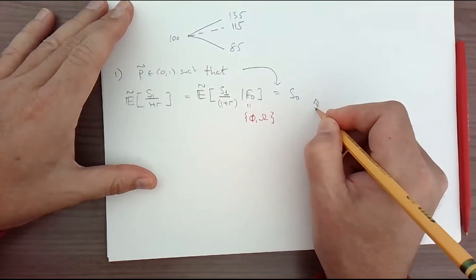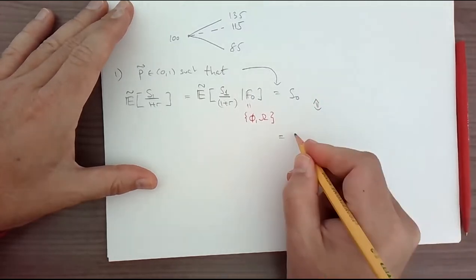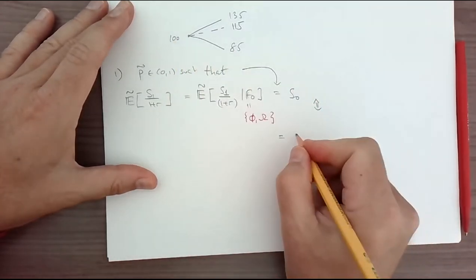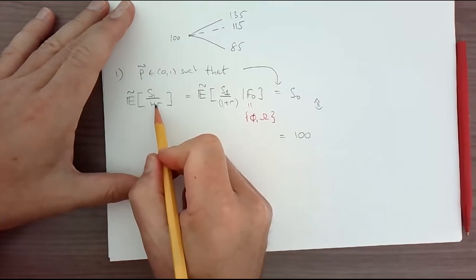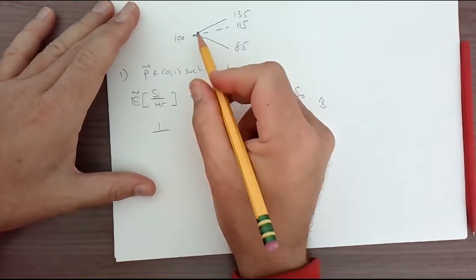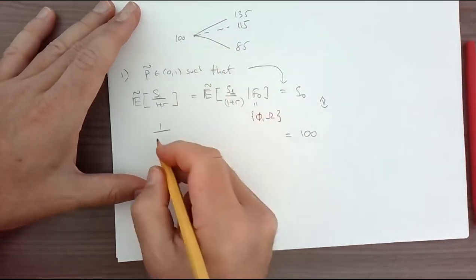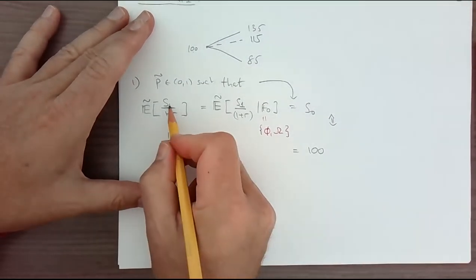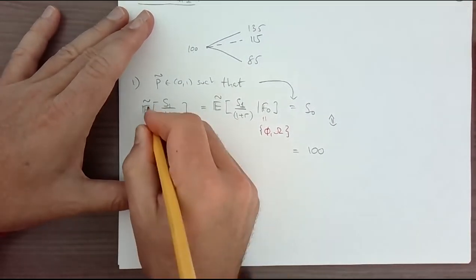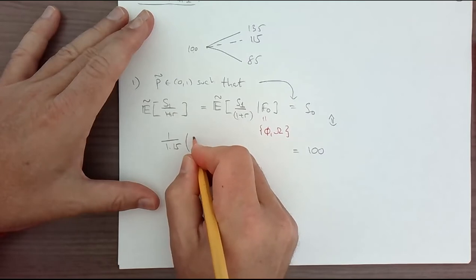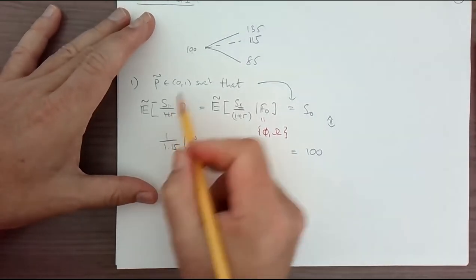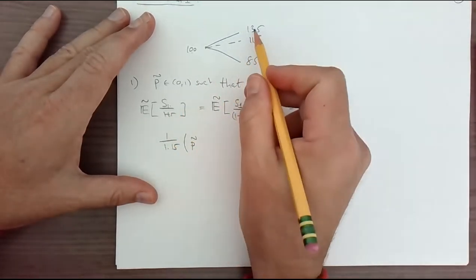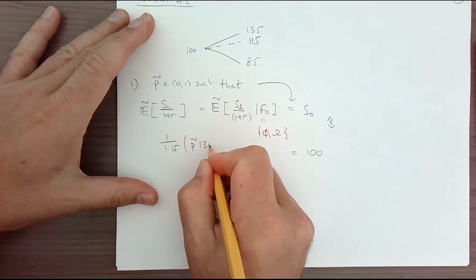So what we do is we plug in. On the left-hand side, you will have your 100. On the right-hand side, I'll have 1 over the interest, which was 15%, so this will be 1.15. Then we have S1 times the probability under the tilde measure, so P tilde for the up state. What is S1 in the up state? This is 135.